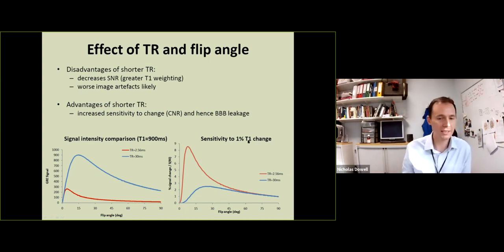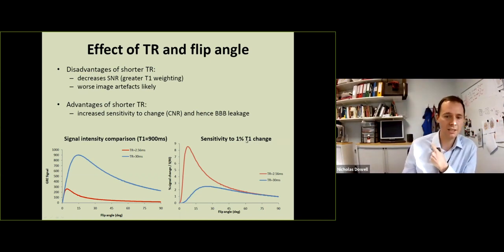So gadolinium leaks out into the brain tissue and causes a T1 change of 1%. It'll cause our VIBE signal to go up almost 9-fold. Whereas with the gradient echo, it's like 2 or 3%, right in there with all the machine drift problems. So we've killed a lot of our signal, but assuming you've got enough to be able to detect changes, you're much more sensitive to smaller T1 changes.